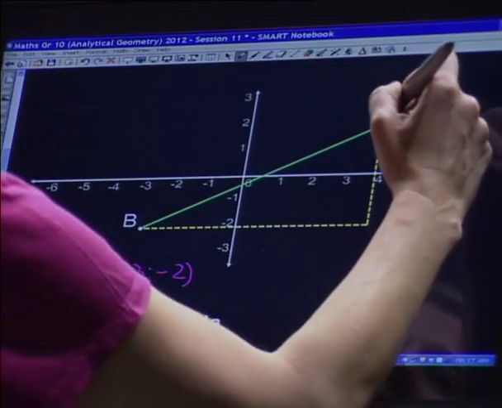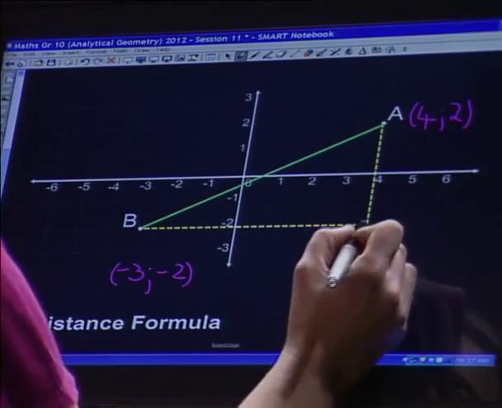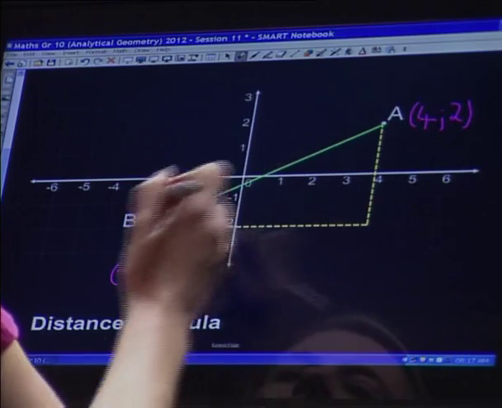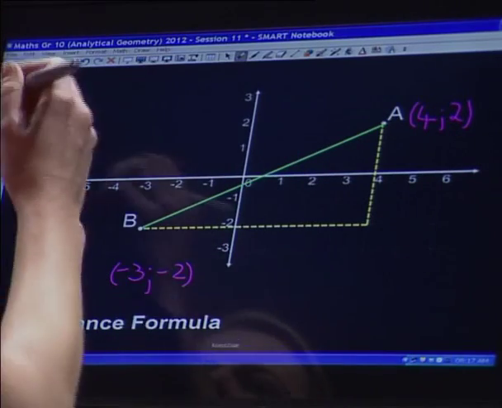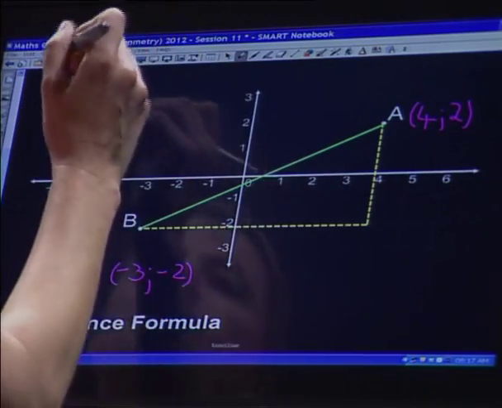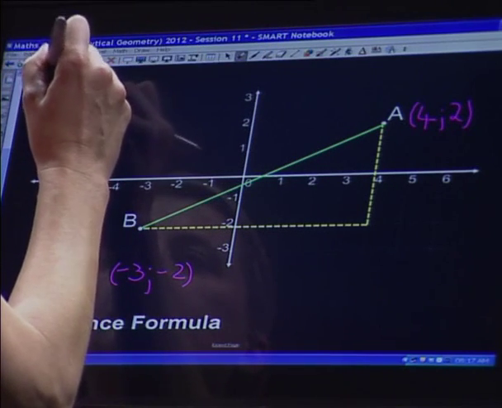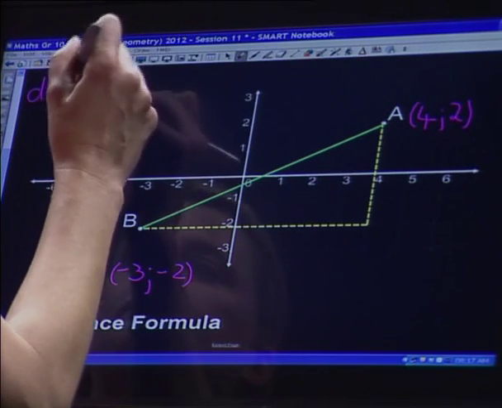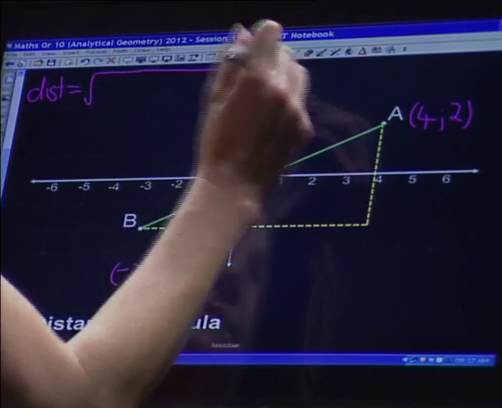Of course, if we have that distance and we have this distance, then the hypotenuse AB, that distance, can be calculated. But let's get straight to the actual formula. The distance formula says the distance between 2 points can be calculated as follows.